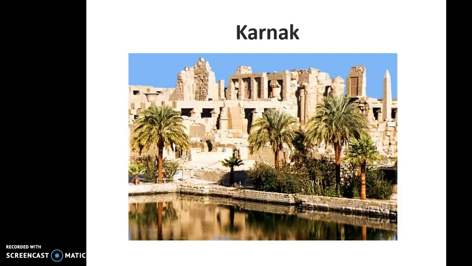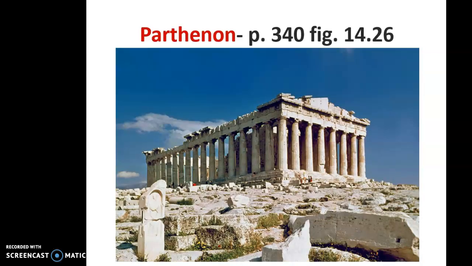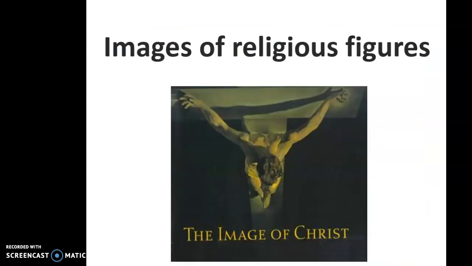We have things like Karnak and Luxor. Those are the 2 largest structures ever built in the service of religion. Now, we also have things like the Parthenon. You're used to the idea of the Parthenon. And then the second service of religion is images of religious figures.